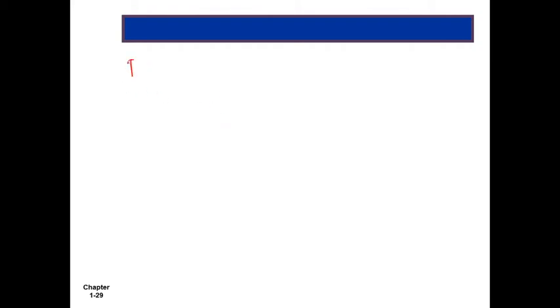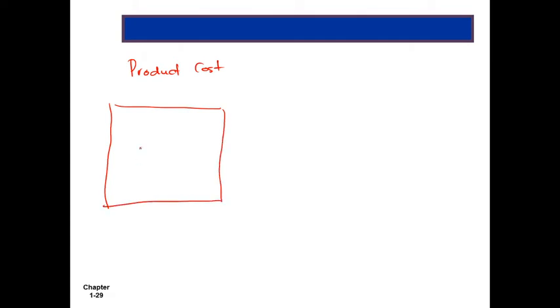The product cost is actually whatever happened in your factory. This is your factory. Better, right? It doesn't look like a crocodile, but it looks like a durian.